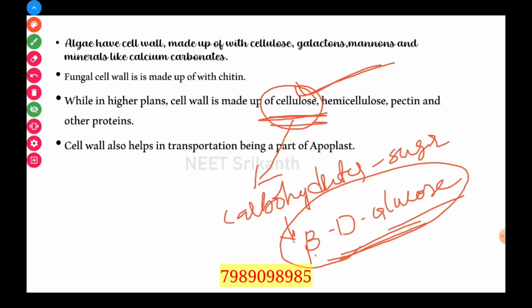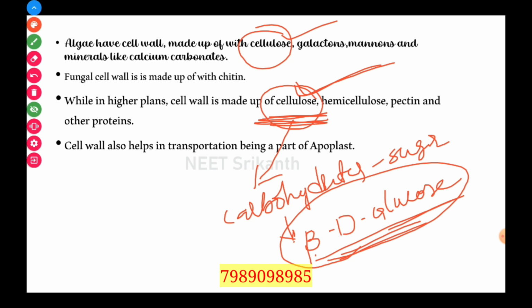This is a major cell wall component in plant cells. Plant cells are made up of cellulose. Algae also belong to plants, so they are also made up of cellulose, a polymer of beta-D-glucose.